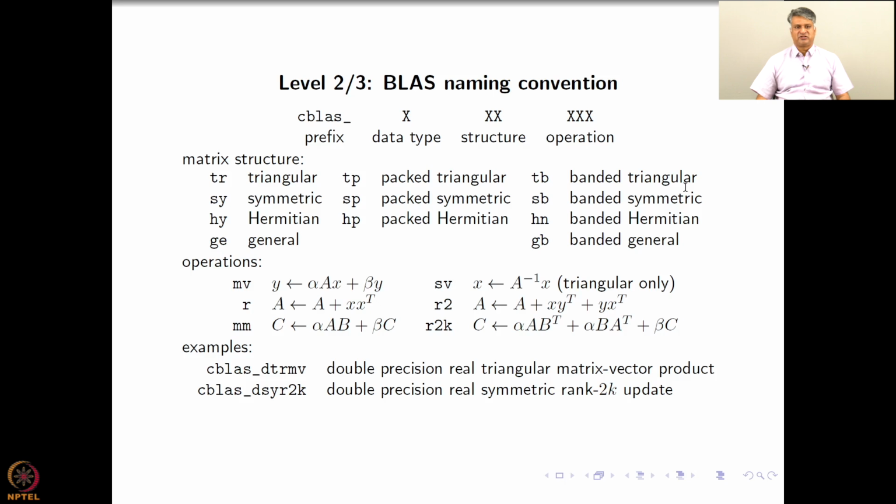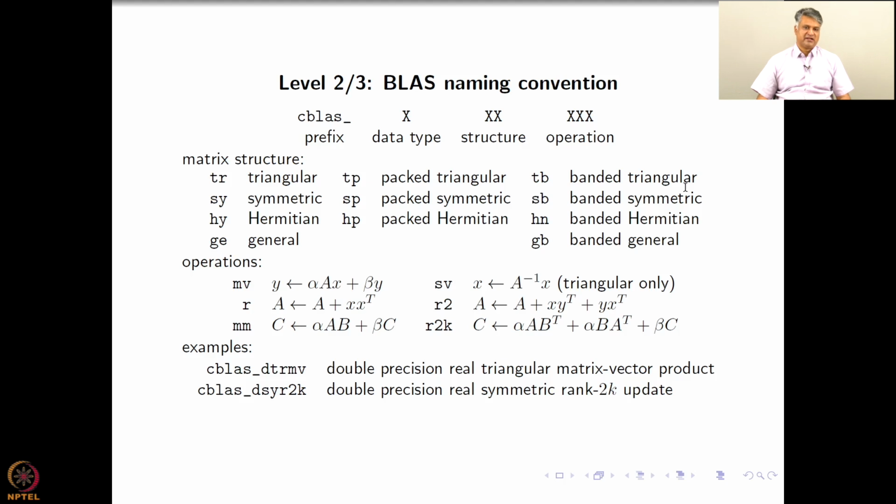For example, the matrix structure could be TR, triangular, TP, packed triangular, TB, banded triangular, SY, symmetric, SP, packed symmetric, SB, banded symmetric, HE, Hermitian, HP, packed Hermitian, HB, banded Hermitian, GE is general, and GB is banded general. The operations could be MV, like matrix vector multiply, which does alpha A x plus beta y.